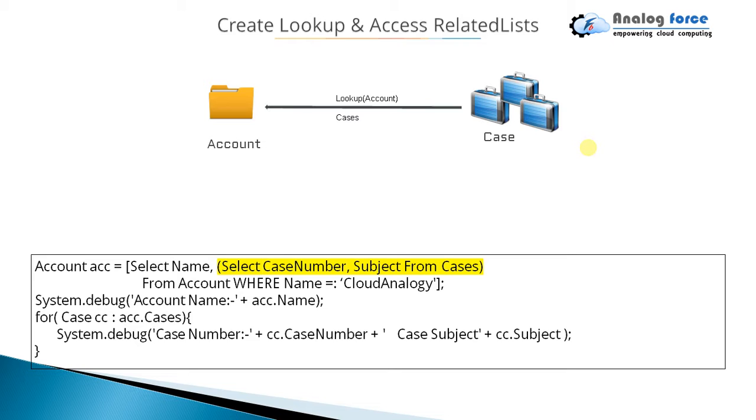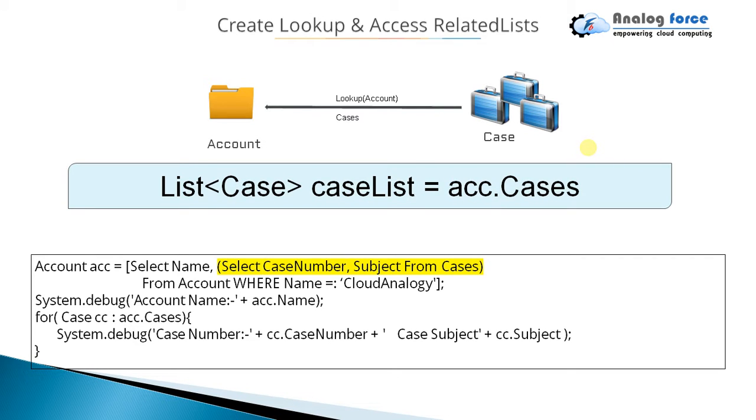So I'm going to select all the cases from the account object, and it is going to give me first of all the account itself, and then a list of all the cases which are associated with that particular account.